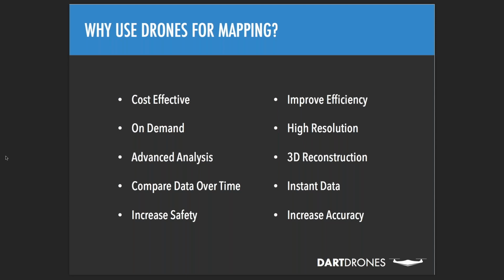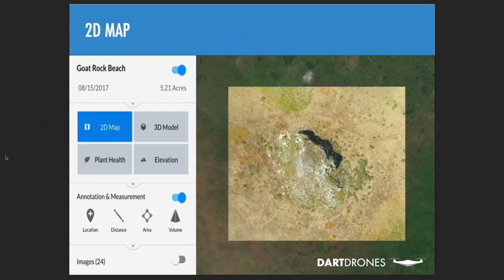So I'll talk a little bit about some of the stuff that I've done with DroneDeploy. Do you want to hit the next slide? Okay, first I'll go into some of the things that you can do with DroneDeploy. You can generate these 2D maps. These are Ortho Mosaic maps.